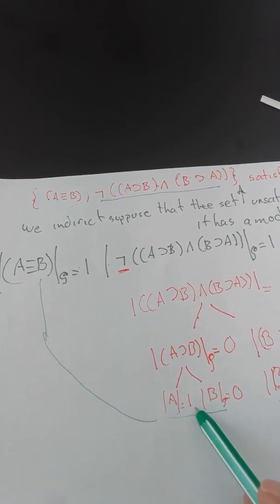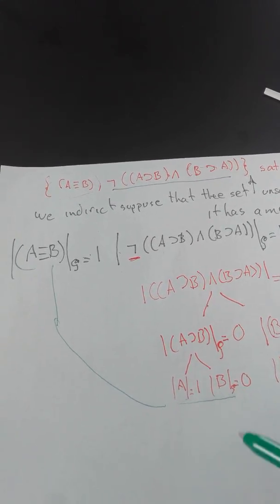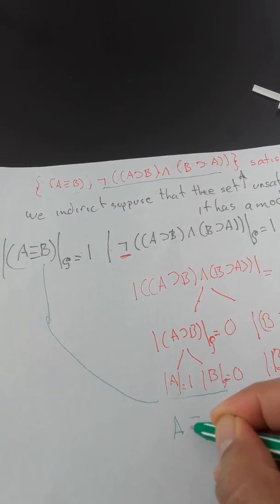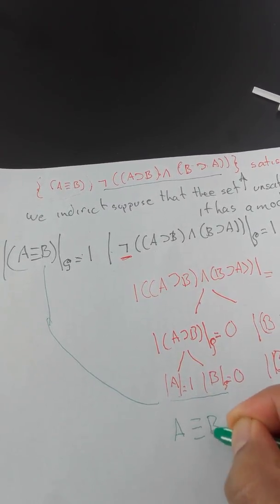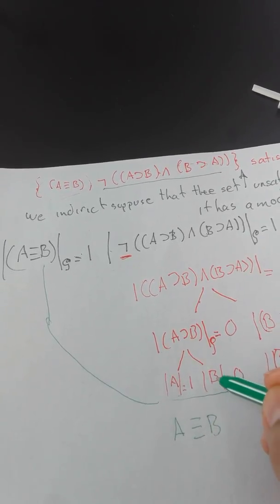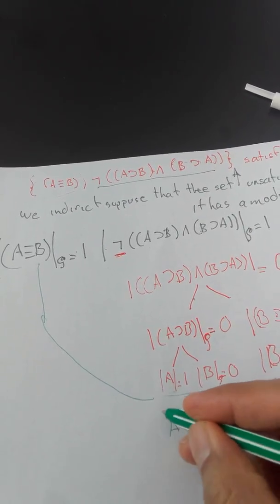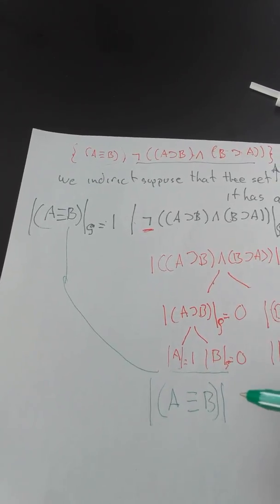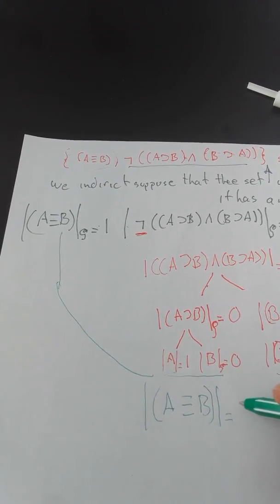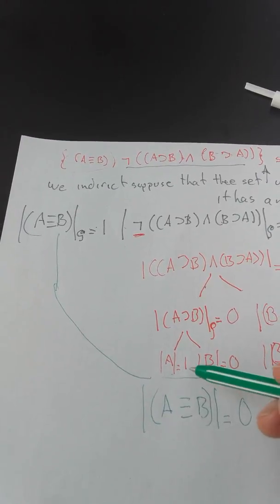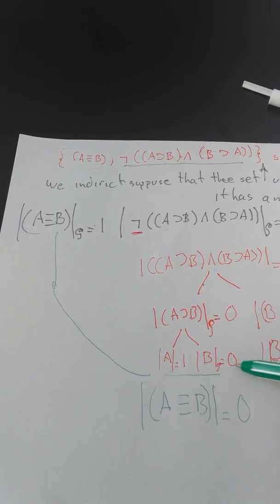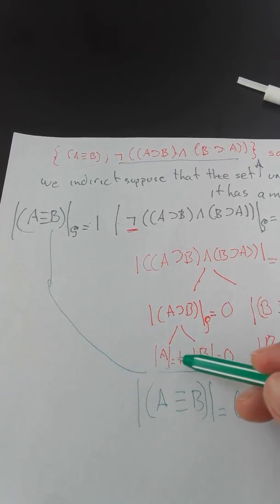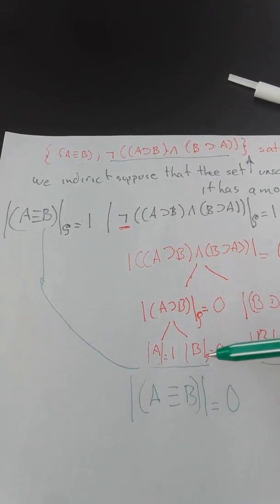But if you construct something with this interpretation, the indirect, you will have a contradiction, because if you put the formula A equivalence B using this A and this B, you will have the interpretation here that this is equal to 0, because 1 and 0 is not equal, it's not equivalence, because they are two different values.